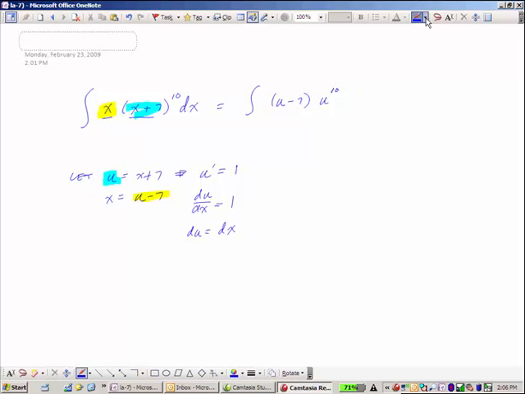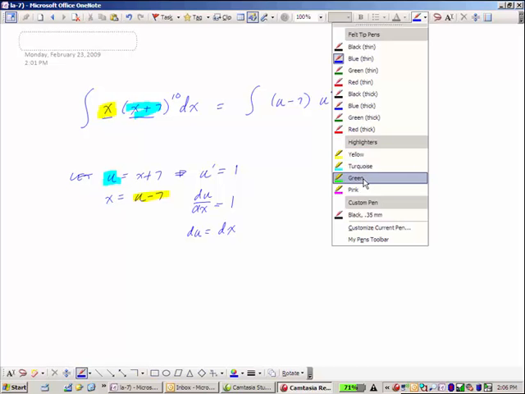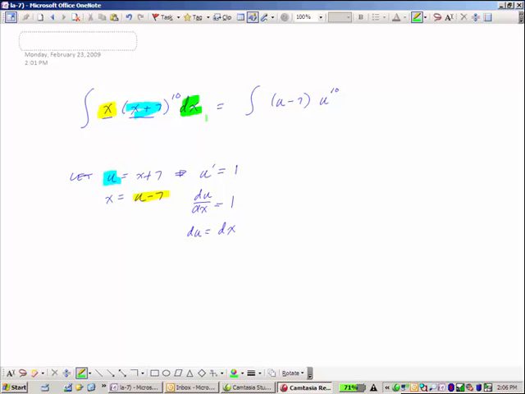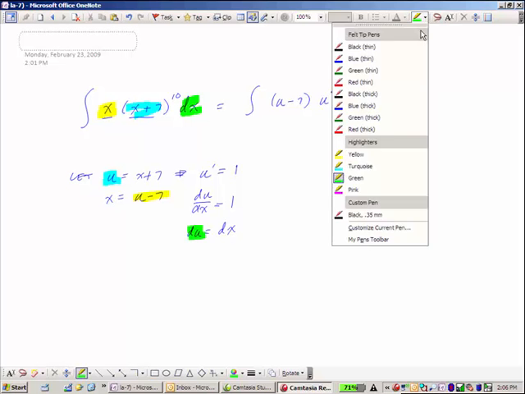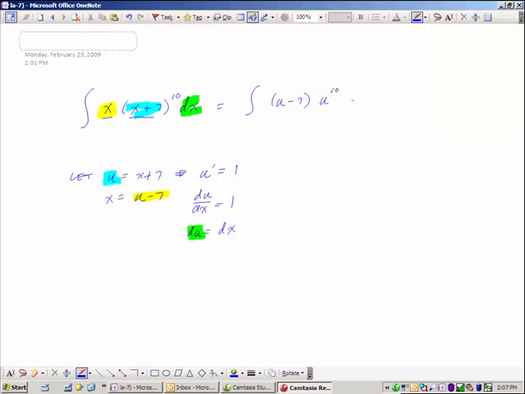And instead of dx, du. So I've turned everything that was in terms of x's into u's. All right? And now I can do this problem.